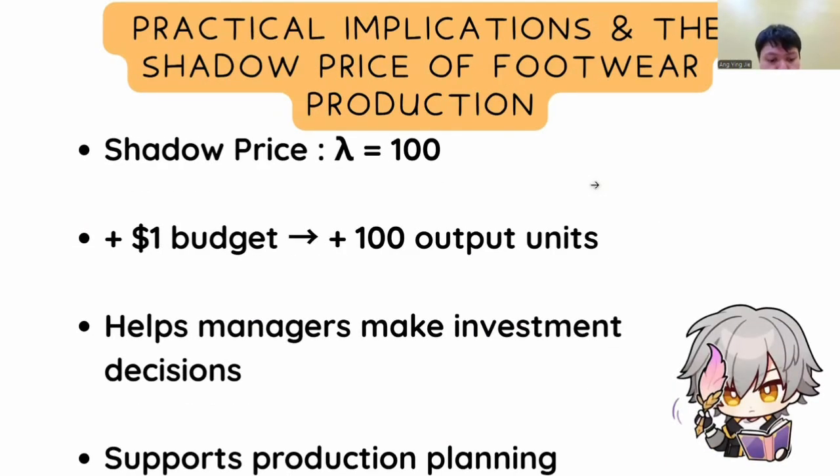So, let's explore the practical business implications. In solving our optimization problem, our Lagrange multiplier, lambda, yielded a value of 100. Incorporating economics, this is our shadow price, which represents the marginal value of our budget.